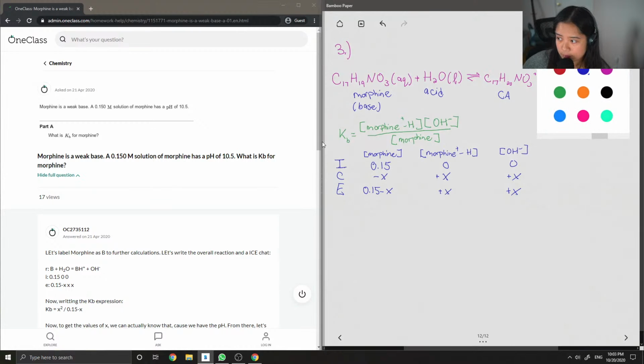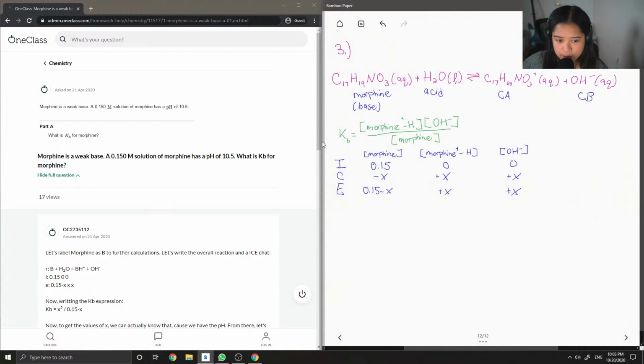Okay. So we know that the pH is equal to 10.5. So we can use this to solve for pOH since this is a base. So to calculate pOH, it's going to be 14 minus our pH value, which is 10.5.